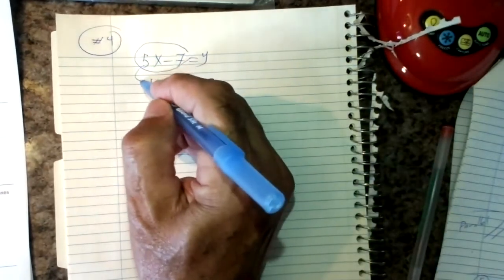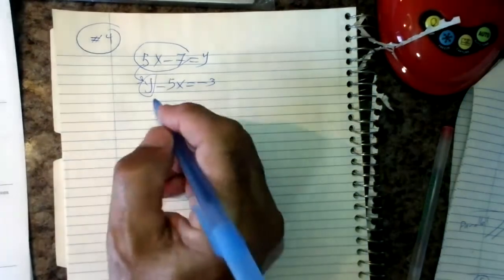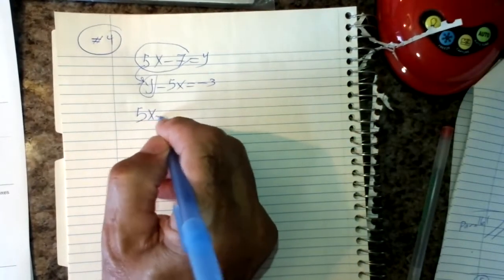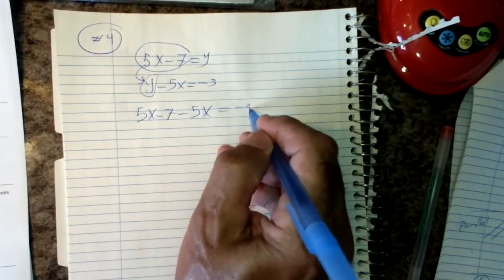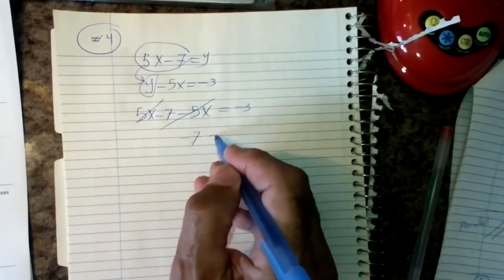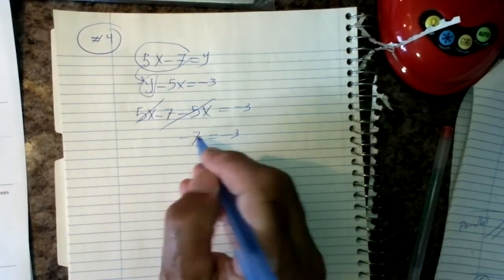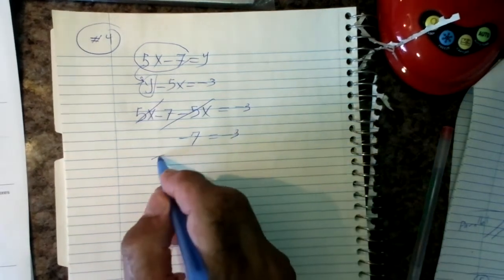So you take that and you substitute here for the y. Now, here, x cancels. Then you come up with an identity that doesn't have x in it. It says -7 is equal to -3. That's not true. These two numbers are not equal. So that means there is no solution for this one.